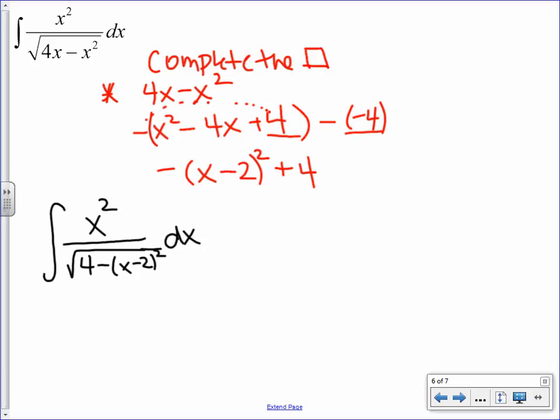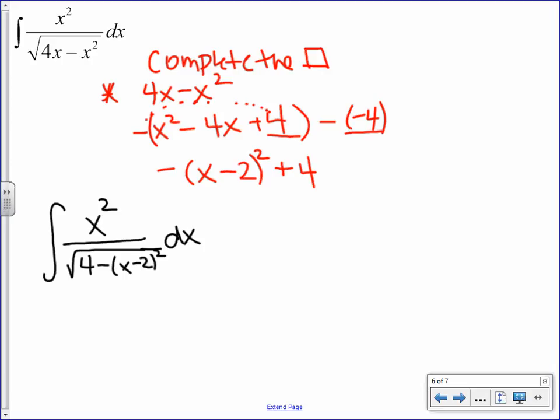So this looks like an opportunity to do what kind of integration? Trigonometric. I think it would be sine, right? We have 2 squared minus (x minus 2) squared, so we have a squared minus x squared, essentially.